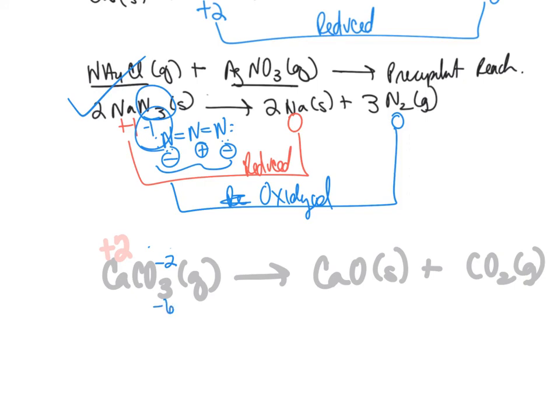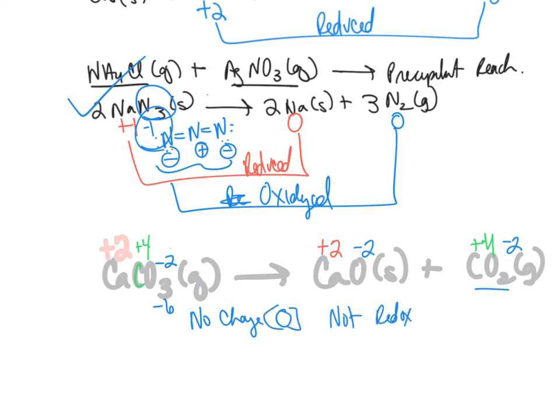So this carbon would be +4. And then we come over here to calcium, and it's +2. Oxygen is -2 here, and then +2. So this stays the same, +4. And then this is a -2. So there's no change in oxidation state, so not a redox.